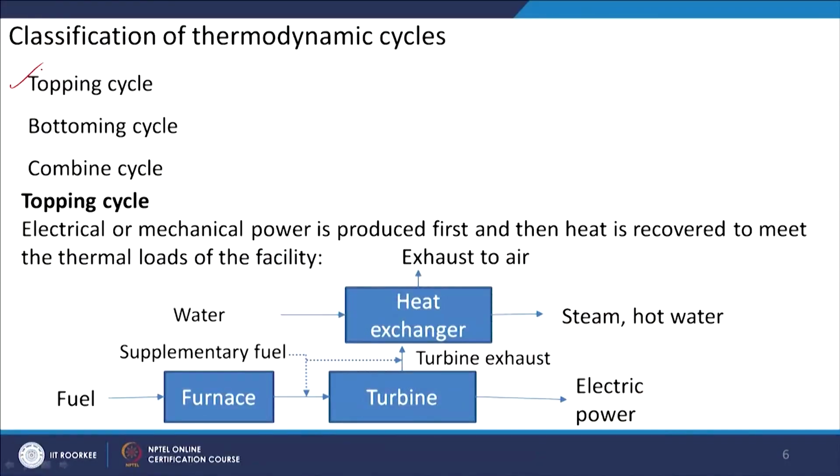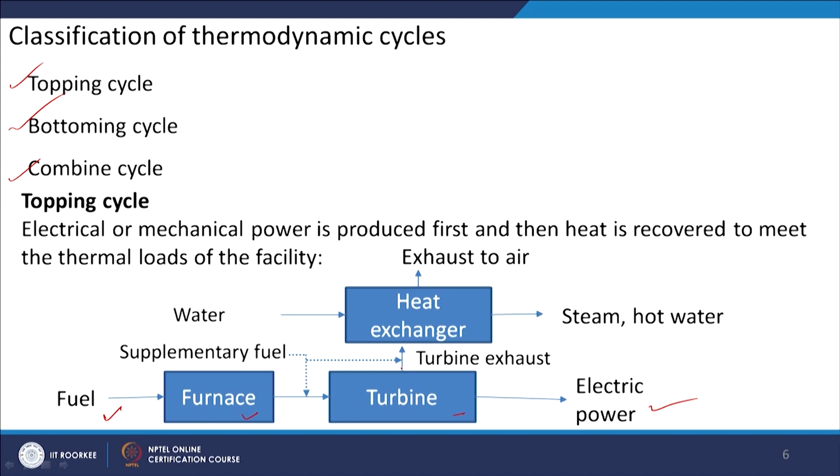On the basis of these different possibilities, we have different types of thermodynamic cycles: topping cycle, bottoming cycle and combined cycle. What is the topping cycle? We have fuel, which we use in a furnace, and flue gas is produced at high temperature, which is used in a turbine for electric power generation.